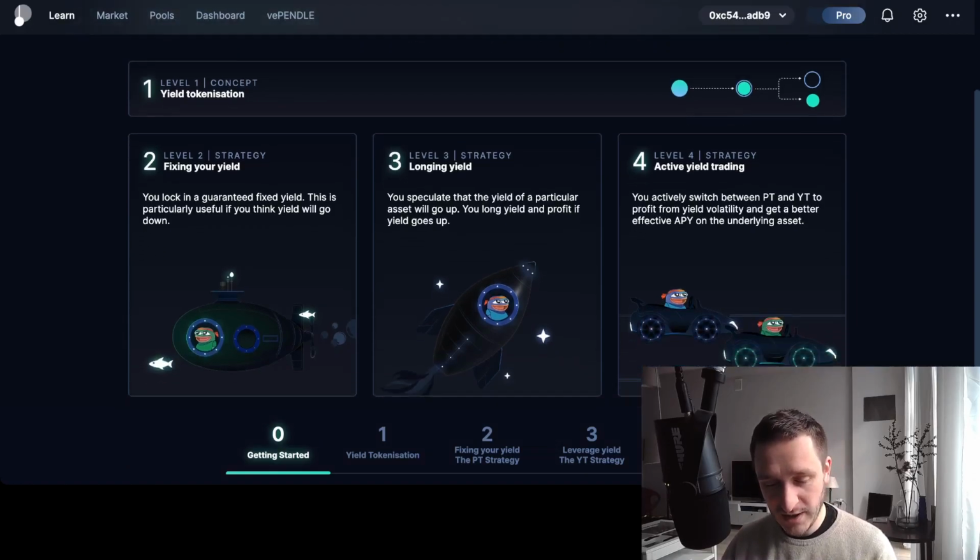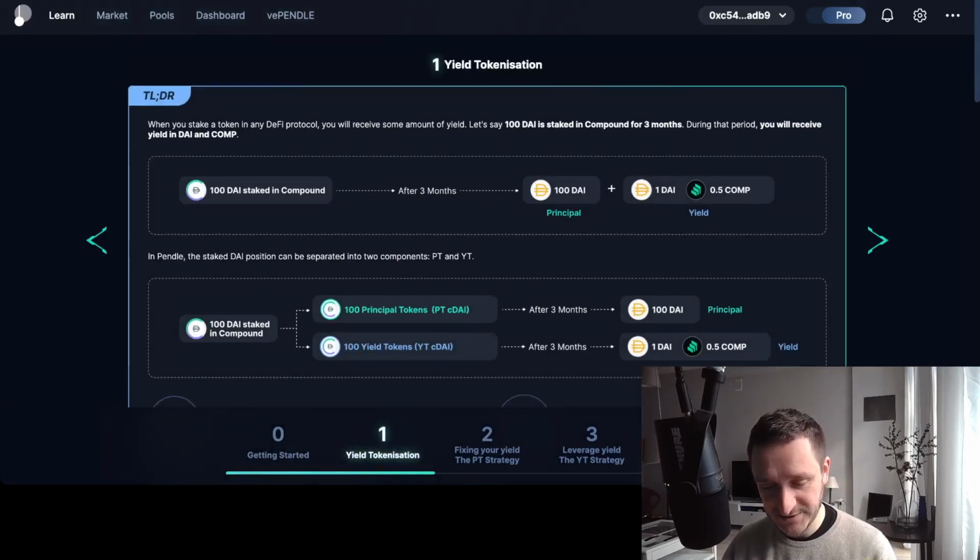So concept number one is basically yield tokenization, then fixing your yield, longing yield, and active yield trading, because you can actively farm for the best yield, jumping between fixed yield and volatile yield. Many different things are possible once you unlock this, that you can split your capital into a principal part and the yield generating part. So let's start with yield tokenization.